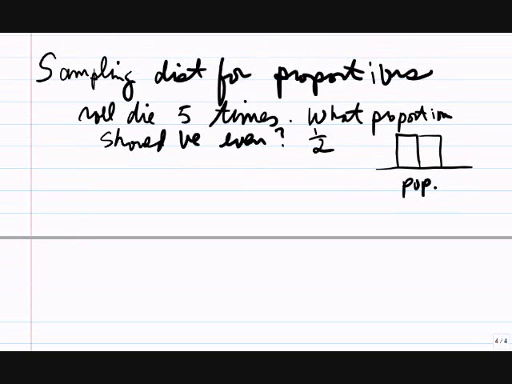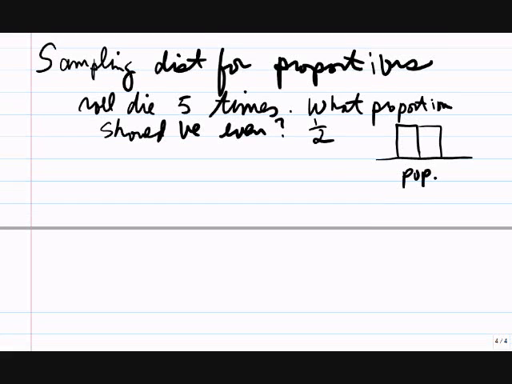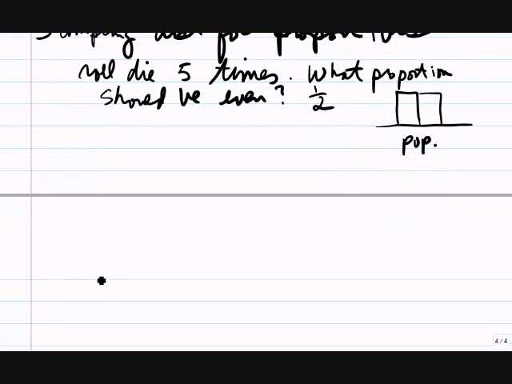But let's see what the sampling distribution is going to look like for a proportion. I want you to roll the die 5 times. You can do a randint(1, 6, 5), and tell me what proportion you get as an even number.